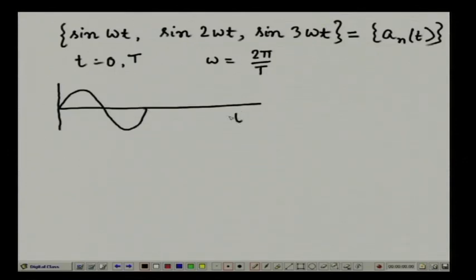This is t, this is sin(omega t), and this is the time period capital T. If I plot sin(2 omega t) over this same diagram, it will be something like this.